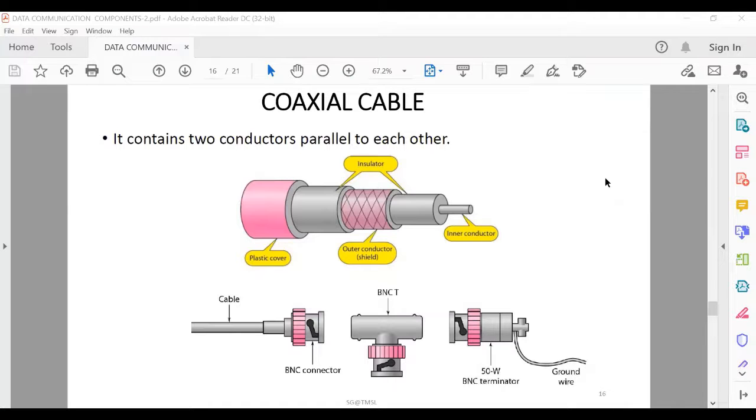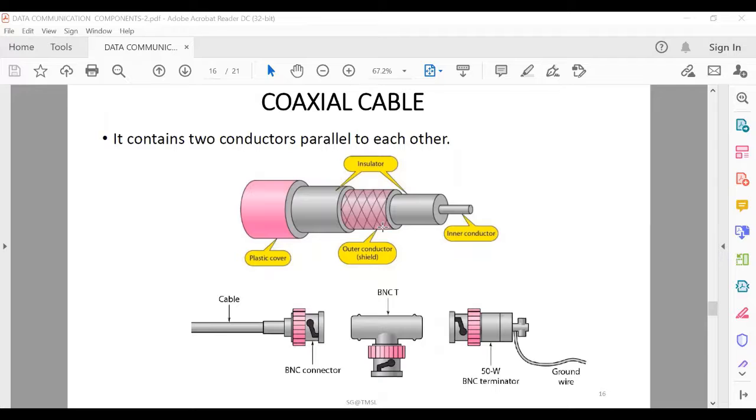Basic coaxial cable consists of a center conductor surrounded by dielectric material or insulation. Then a concentric uniform distance is maintained from the center, and it has a shield.